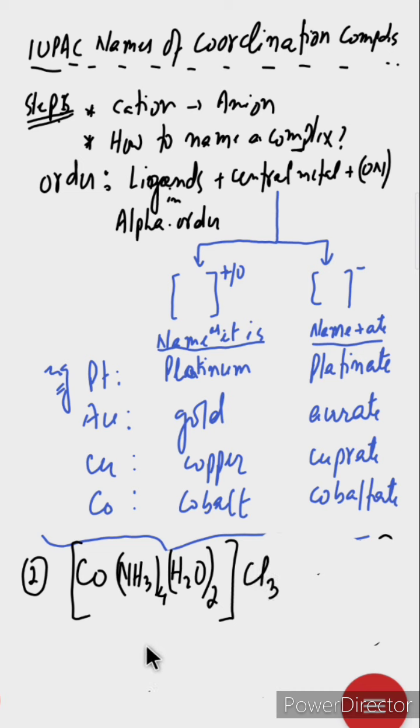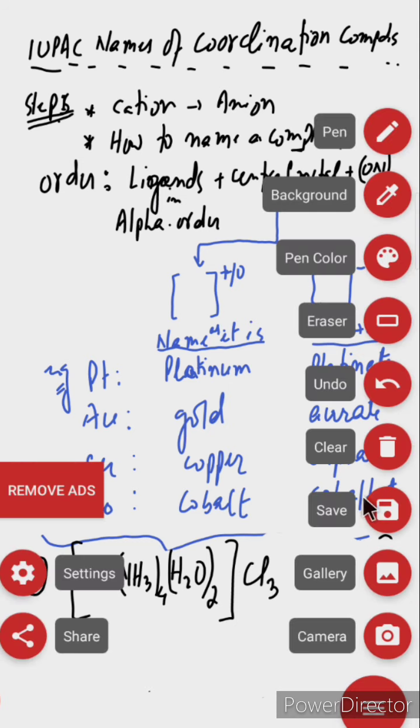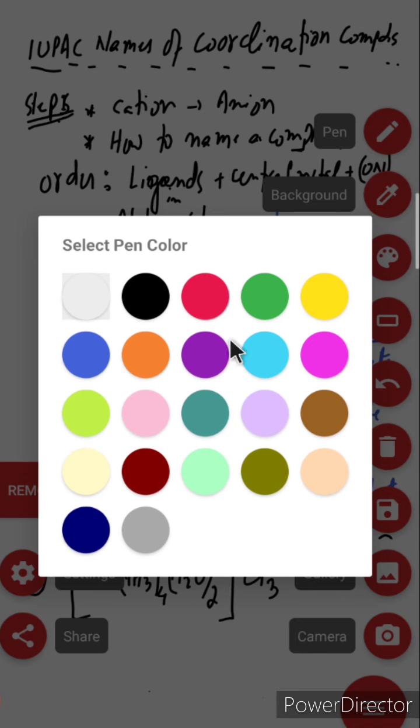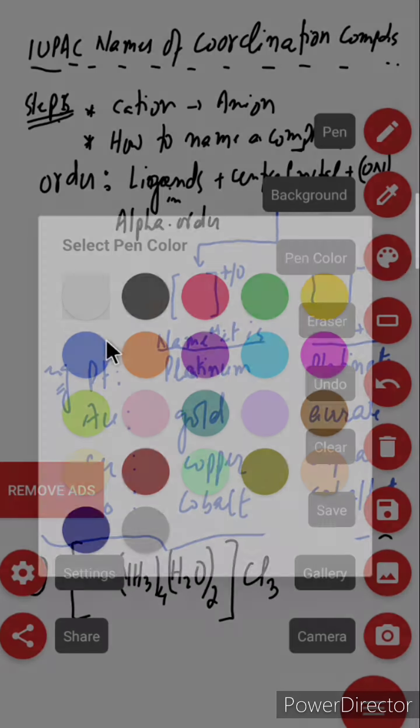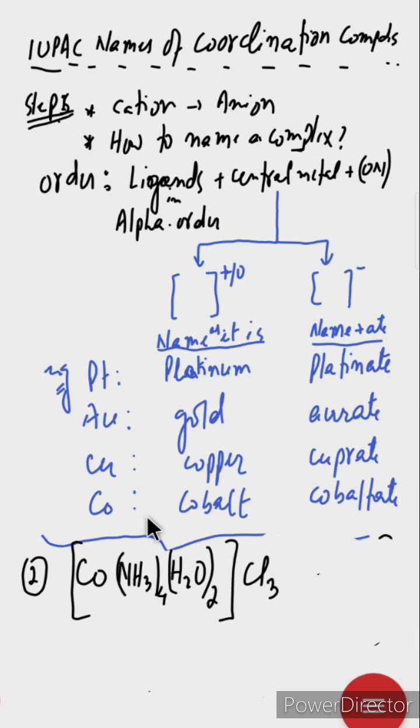First of all, let me identify which one is the cation and which one is the anion. This part is our cationic part, and this is our anionic part.